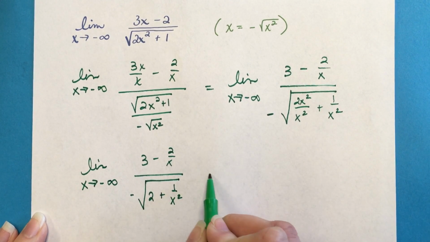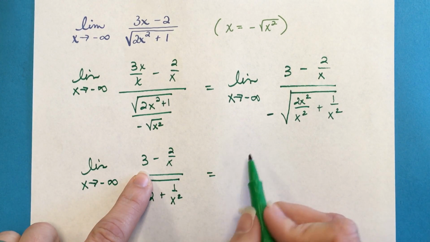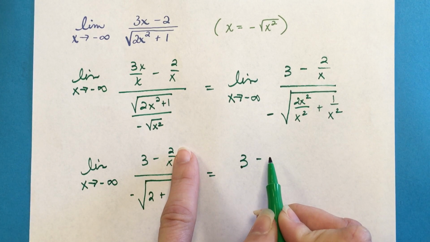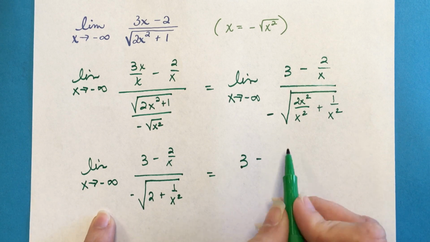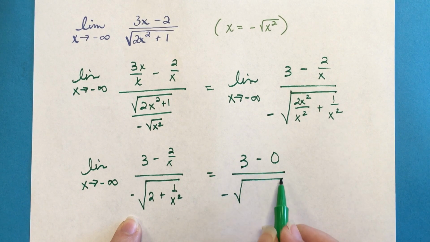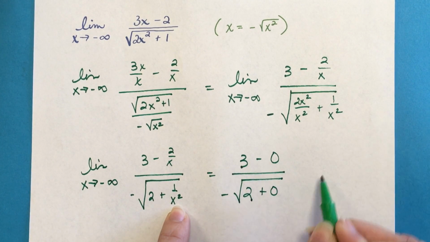Now go through and actually take the limit. The limit as x approaches negative infinity of 3 would be 3. The limit of 2 divided by x as x approaches negative infinity would be 0. Again, that's just that property. So your limit here would be 2, and your limit here would be 0.